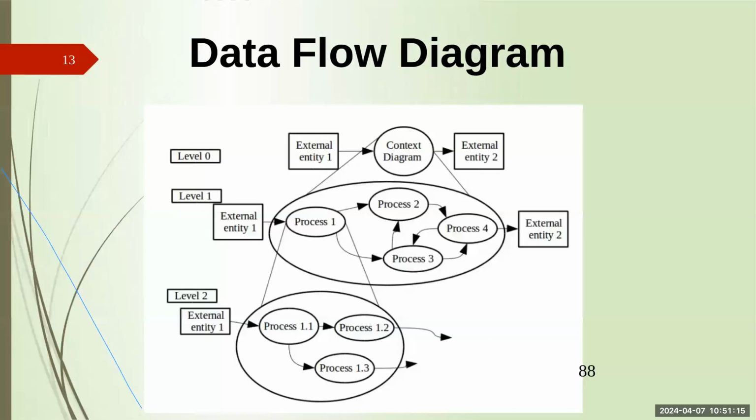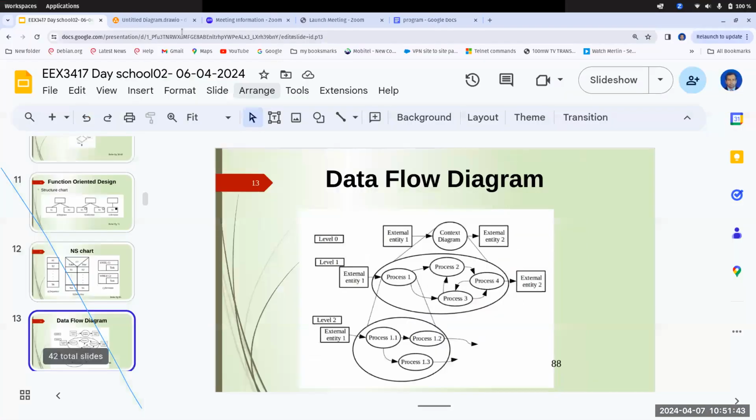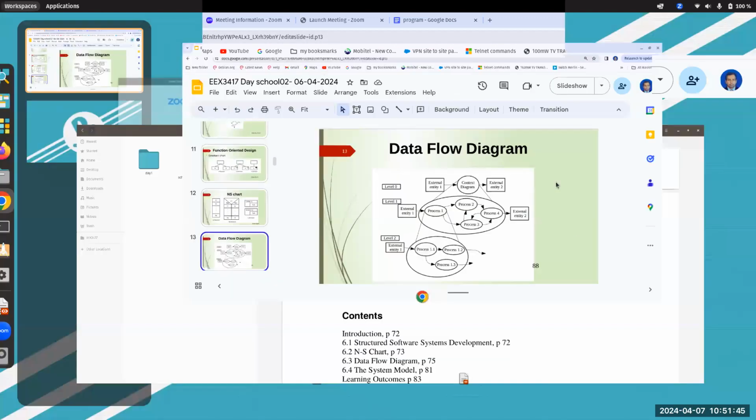In a data flow diagram, first we write what is called the context diagram. The context diagram means one single circle or ellipse, and then external entities. The examples for this are available on page 82.